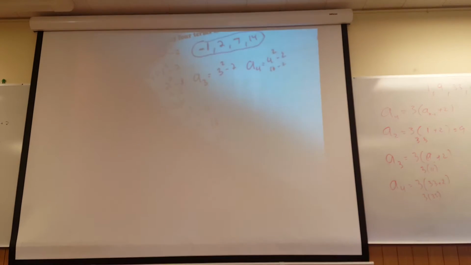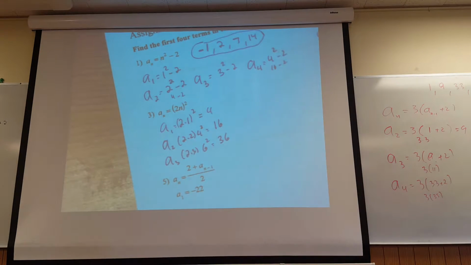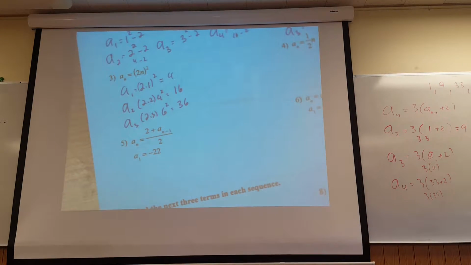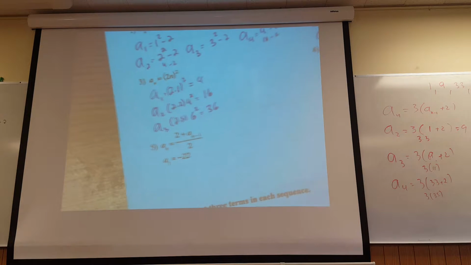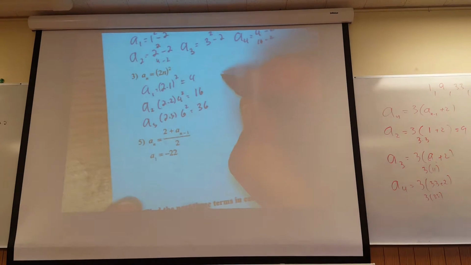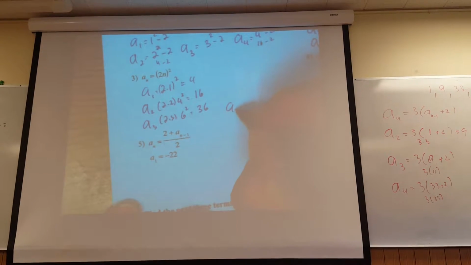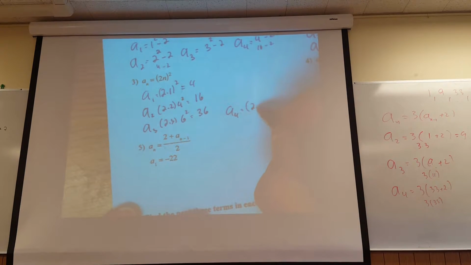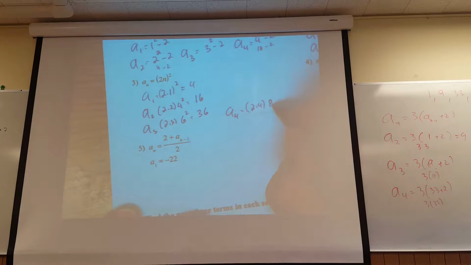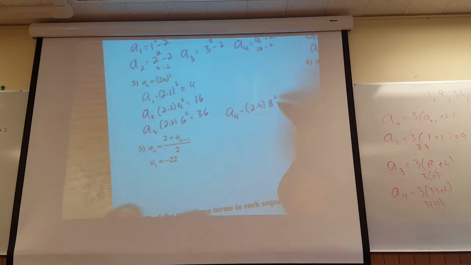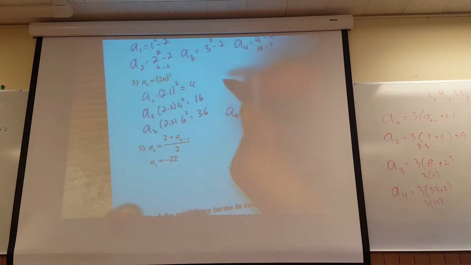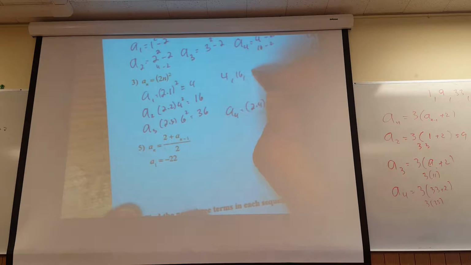Well, there's 3 right there. Oh, sorry. That's right. Okay. And the fourth term would be 2 times 4, which is 8 squared, so that'll be 64. So it's 4, 16, 36, and 64.